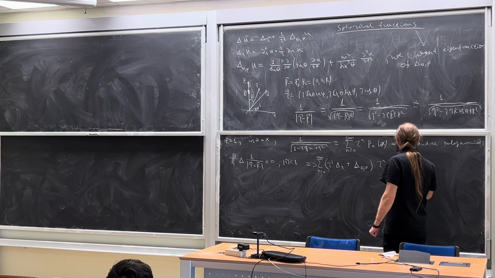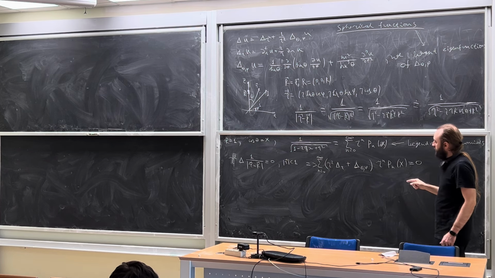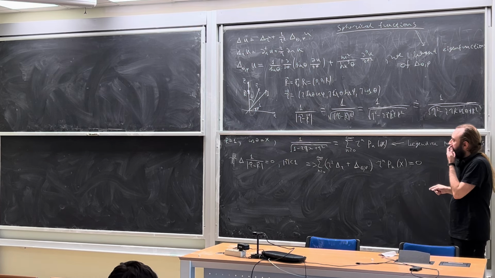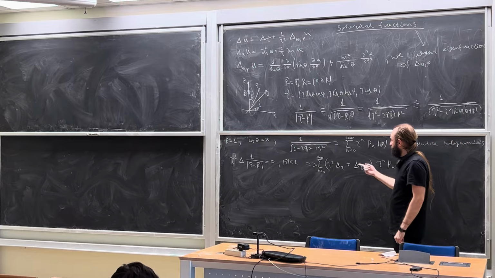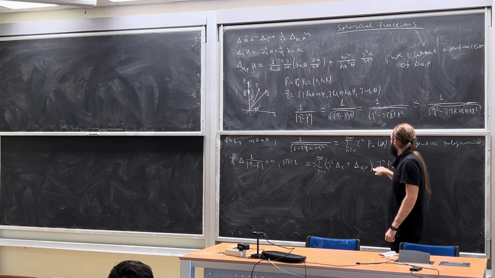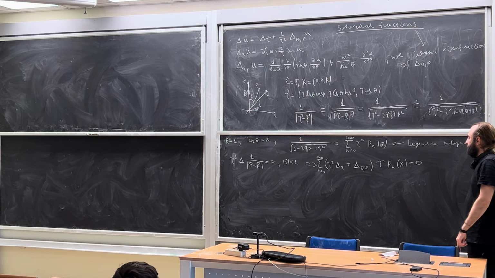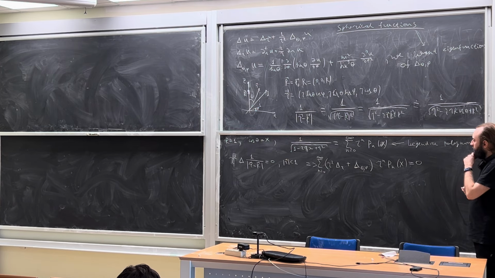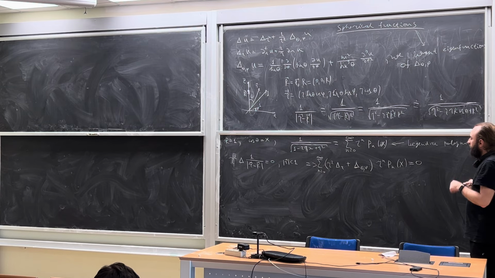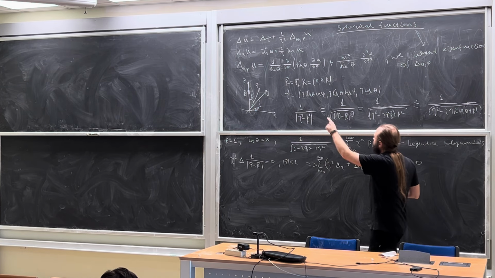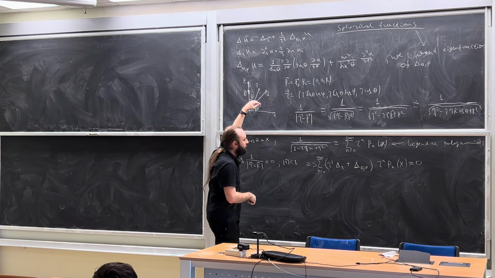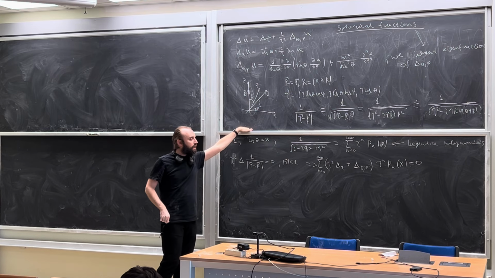This equals 0. So, can you tell me the value of this operator acting on r to the n? The operator is written there. What happens when we act on r to the n?